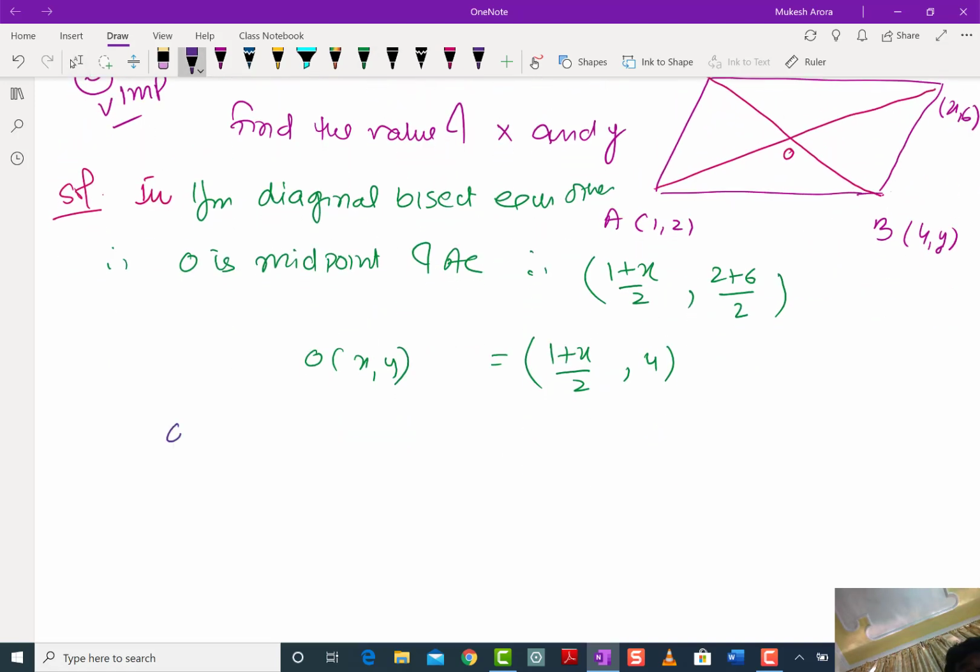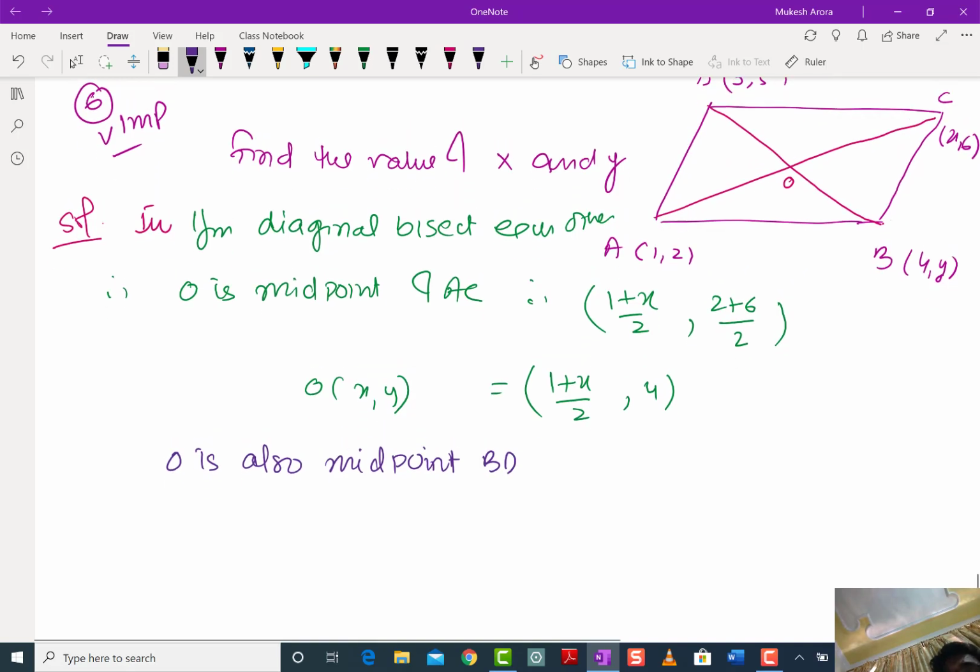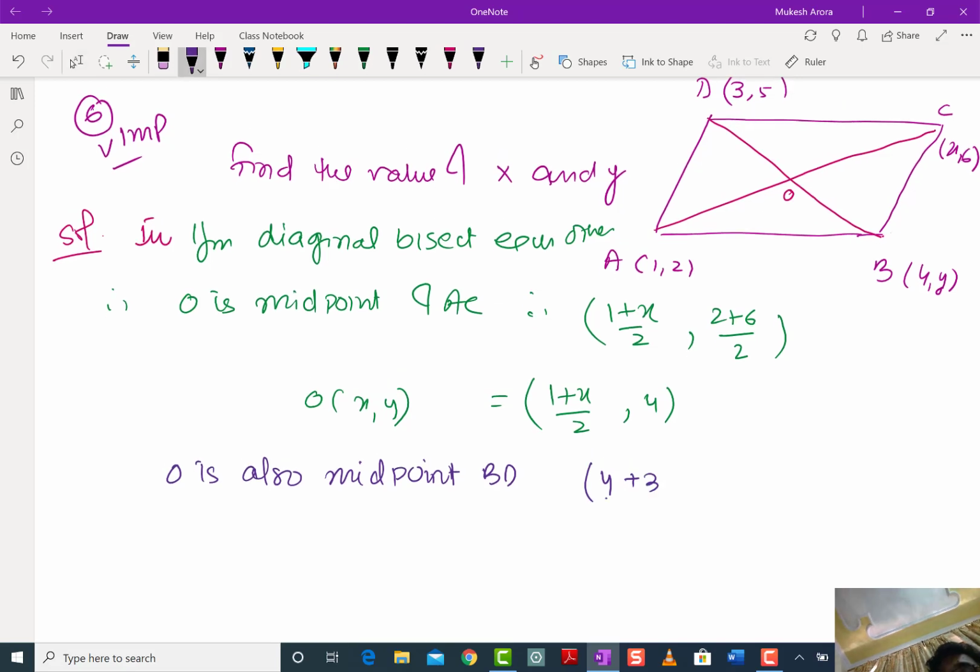Now O is also midpoint of BD. So BD will be 4 plus 3 by 2, comma 5 plus y by 2. This is 7 by 2 and 5 plus y by 2.